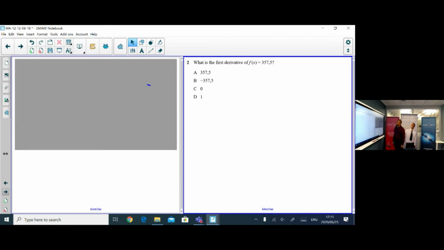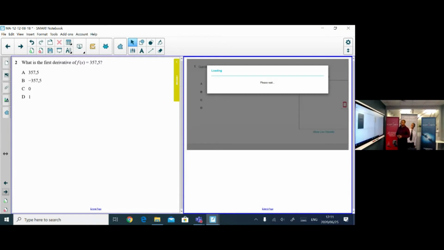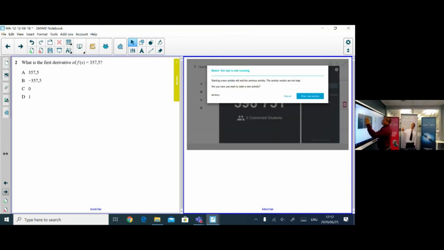How about number 2? What is the first derivative of this? The hint would be: don't be scared by the big number or the decimal. It will be very simple. Let's do that one as well.